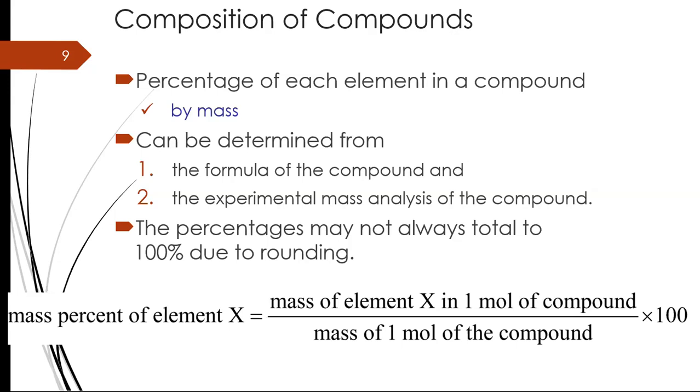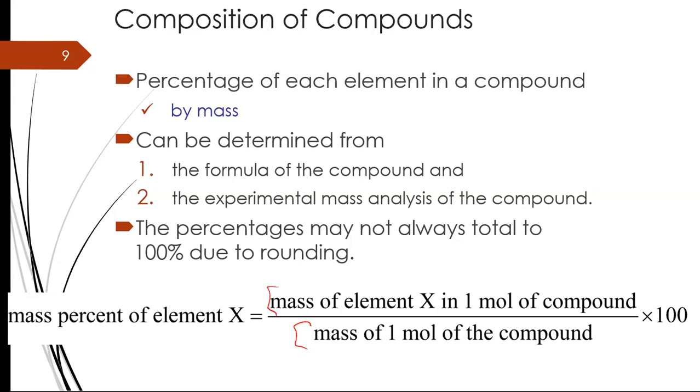Now that can be useful in determining the formula of the compound, or they're from an experiment where we can just determine which elements are present and their mass, kind of like what we did with our lab. And sometimes those percents don't always add up to 100. They should be really close to 100, but sometimes there's a little bit of variation depending on rounding and our detection limits.